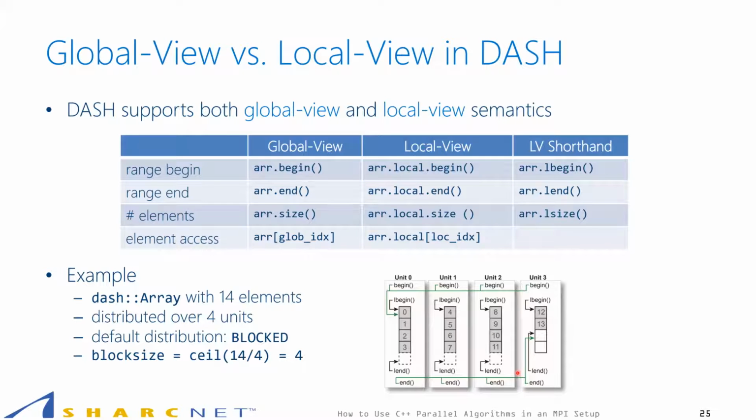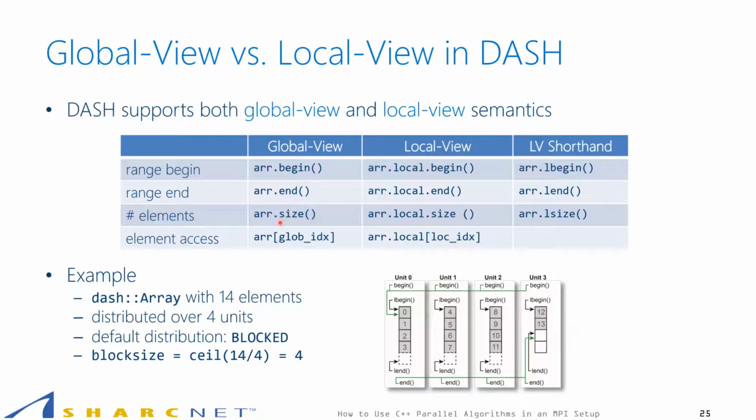So let's see how global view and local view are referenced in DASH. DASH supports both global view and local view semantics in a way compatible with STL. When you want to refer to a range in global view, you can use the ordinary begin and end like the standard STL containers.